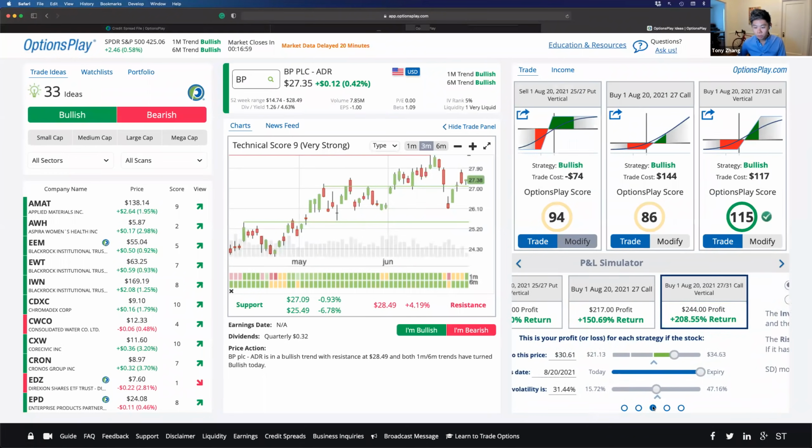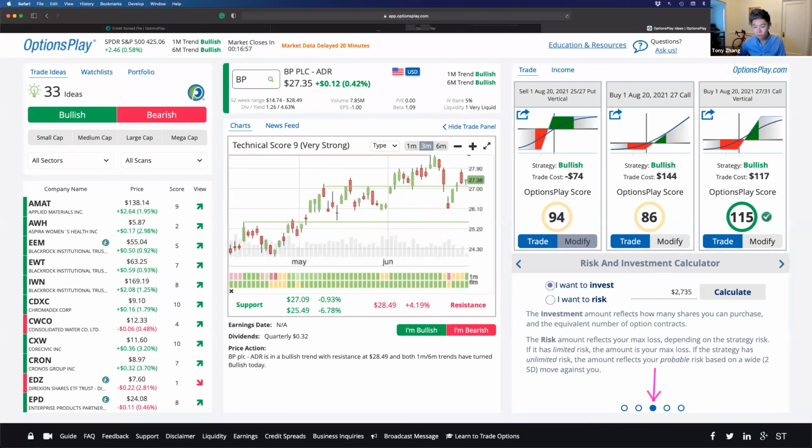So let's look at our risk and investment calculator, which is the third dot at the bottom of your screen. There are two options: you can say I want to invest or I want to risk. What you want to choose is I want to risk, and type in the dollar amount that you can afford to risk. That means for my $1,000 in max risk, I can sell 7 contracts of this August 27.25 put spread.